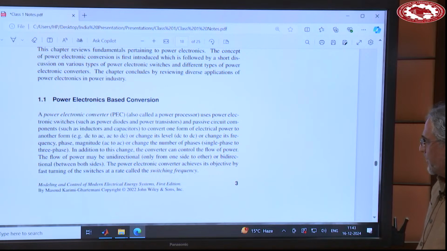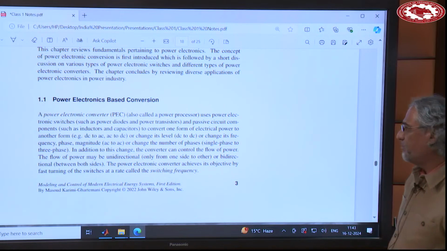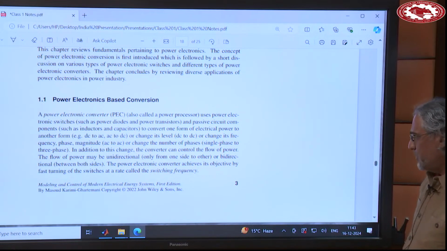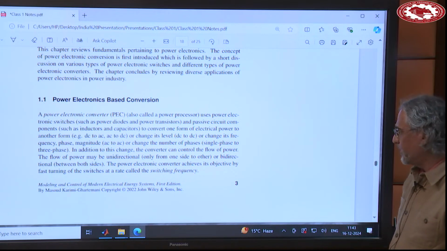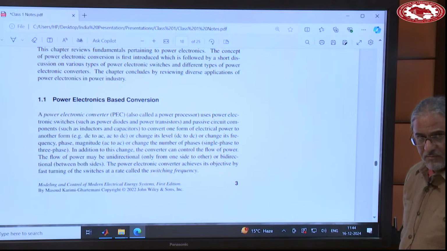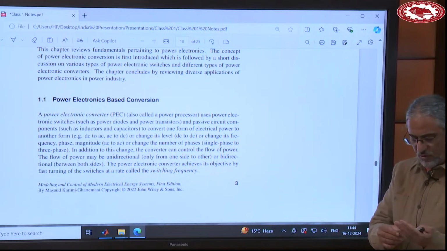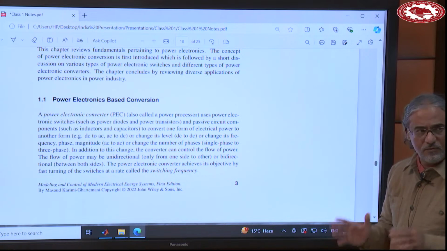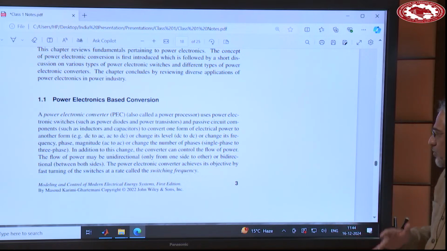A power electronic converter, which some people also call a power processor, uses power electronic switches such as power diodes and different types of power transistors, combined with passive circuit components, meaning inductors and capacitors, to convert one form of electricity to another form and to control the flow of that power.